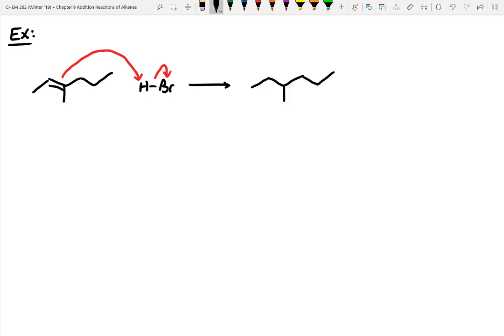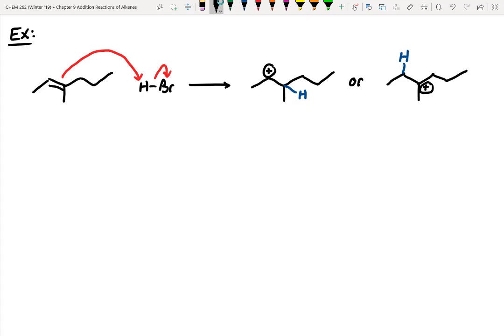We could get one where the hydrogen adds to the right side of the alkene, and you get a carbocation right there. Or, let's compare the alternative. You could get one where the hydrogen adds to the left side of the alkene, and your carbocation's right there.